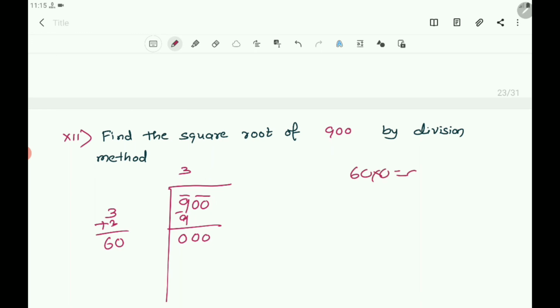So you write 0 0. What is the square root of 900? The square root of 900 equals 30. In this way you got the square roots of 12 perfect squares. All these are perfect squares, and you got the square root by the division method.